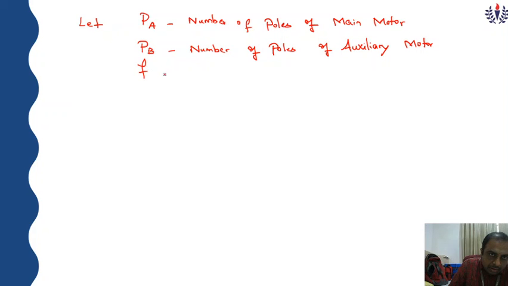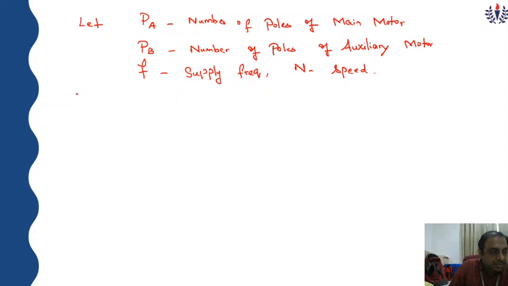F is the supply frequency, and N is the speed.